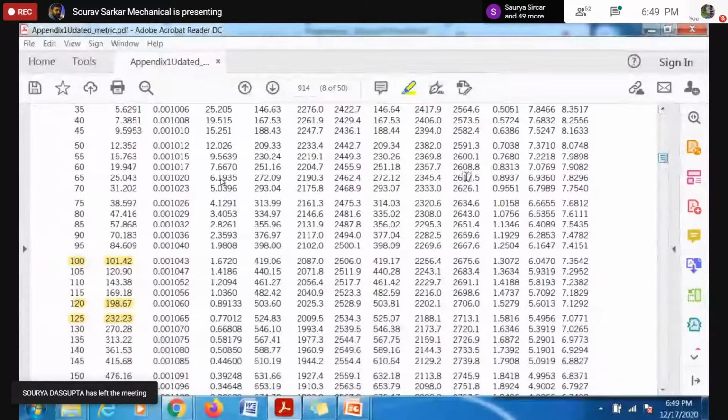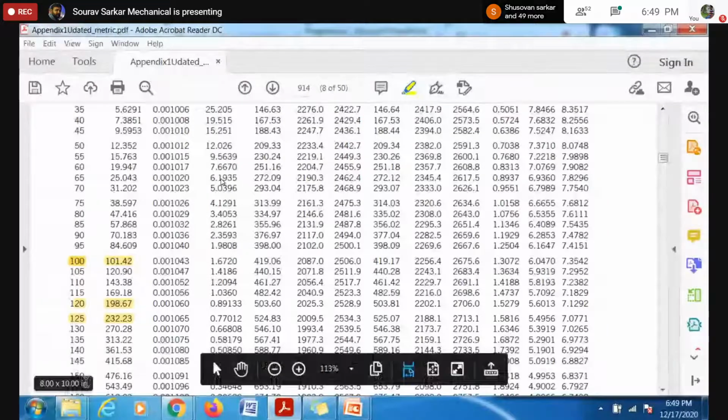No, my question is that suppose I am boiling something at 100 degrees Celsius. My saturation pressure is this one, 101.42. If I want to boil at 150 degrees Celsius, how much do I have to increase my pressure? So it is the difference of these two, 476.16 minus 101.42.